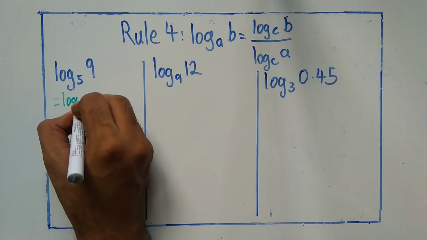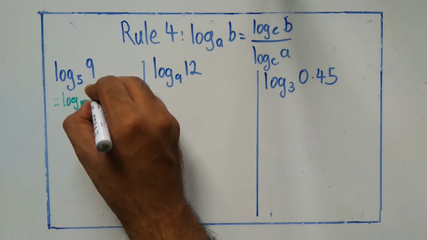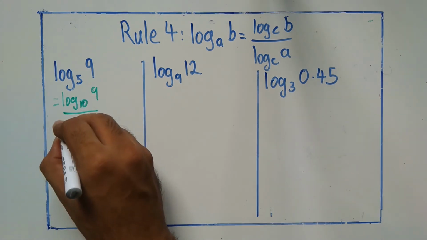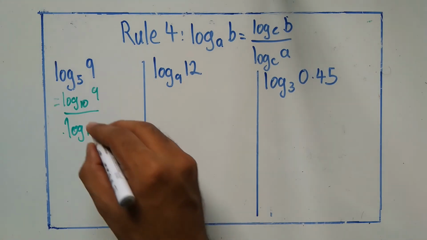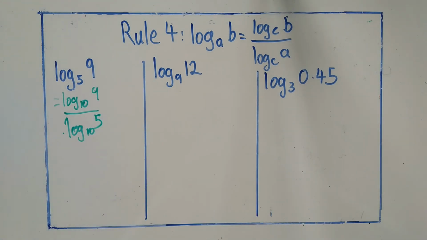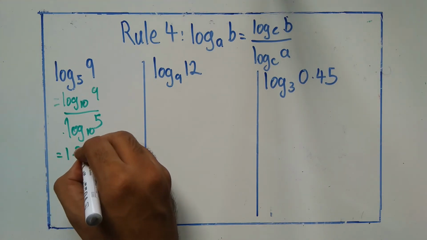It becomes log base 10 of 9 over log base 10 of 5. We will then use our calculators to calculate the value of log 9 over log 5. The value will be 1.365.